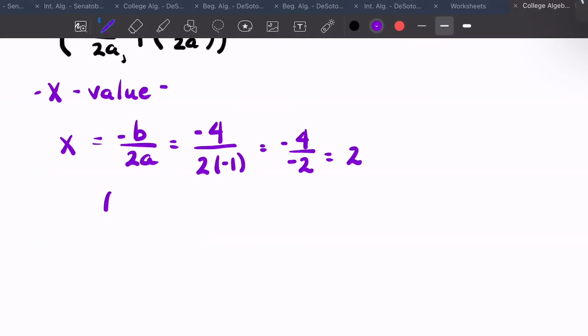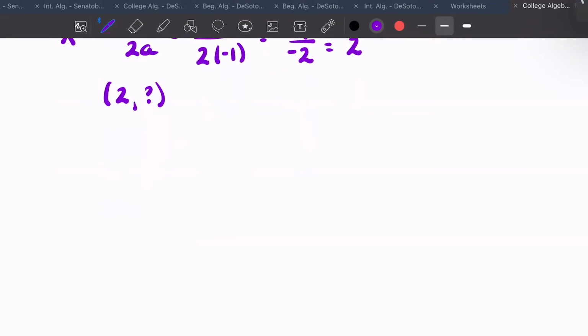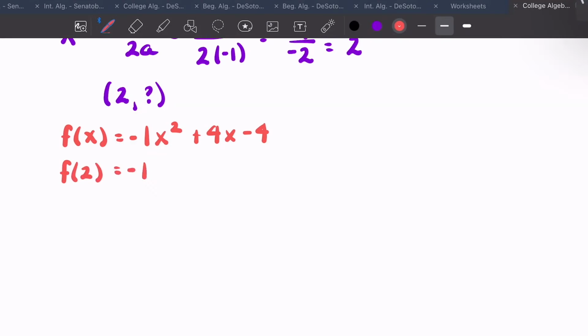All right, so we have 2 comma something. So now we need to find our y value. And for our y value, we're going to plug in 2 to our function. So we have f of x is equal to -1x squared plus 4x minus 4. And we're going to find f of 2. -1 times 2 squared plus 4 times 2 minus 4.